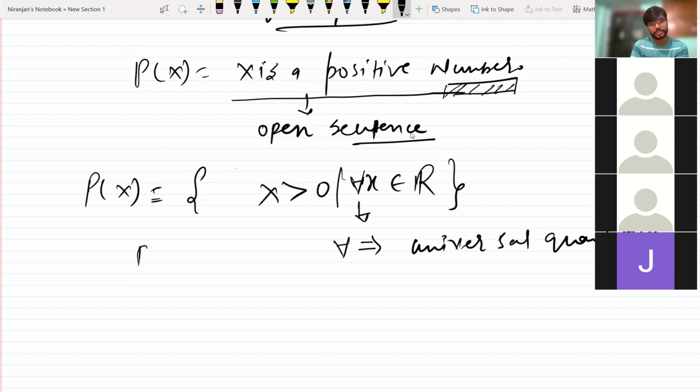And in English, we use "for all," which is a synonym for this symbol, the universal quantifier.